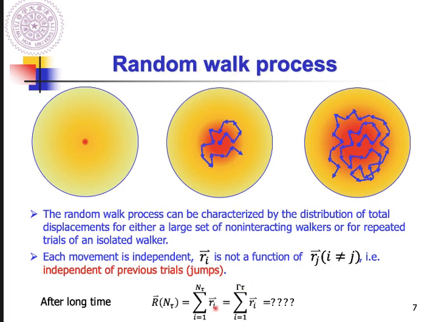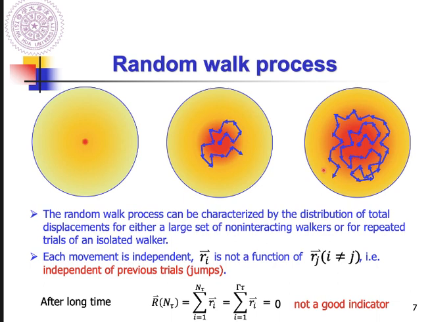So if you use capital R, the displacement after diffusion, to describe the diffusion phenomenon, you cannot, because diffusion did happen, but capital R equals 0. So it is not a good indicator to describe the diffusion phenomenon.